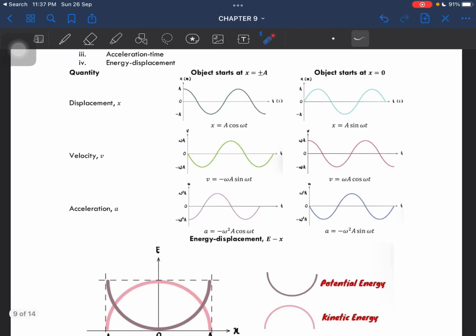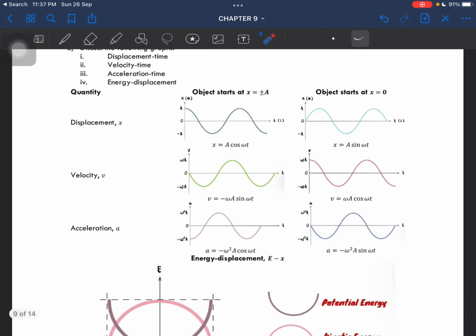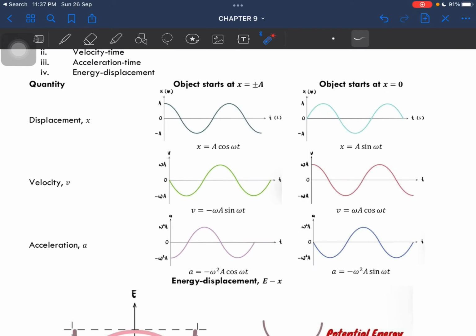displacement. Okay, so firstly we are going to look at the displacement graph, where the displacement could start at a positive or negative amplitude, and then it can also start at the equilibrium point here. Okay, so for the displacement graph, we do have two types of general equation, where it can start with cos or sine.